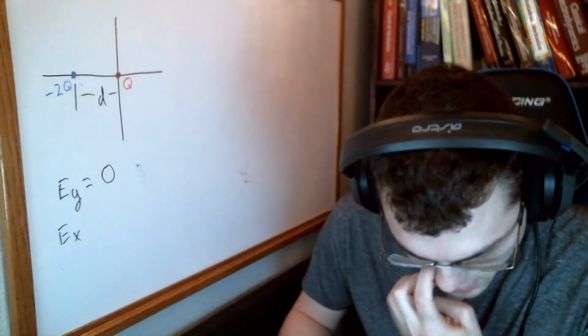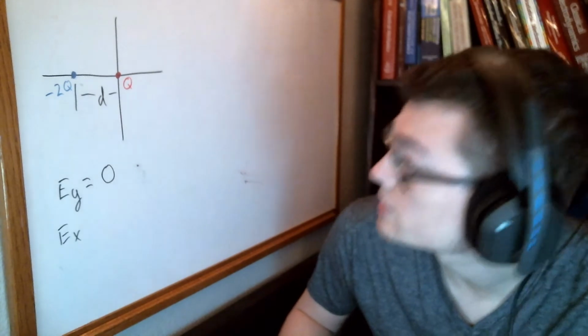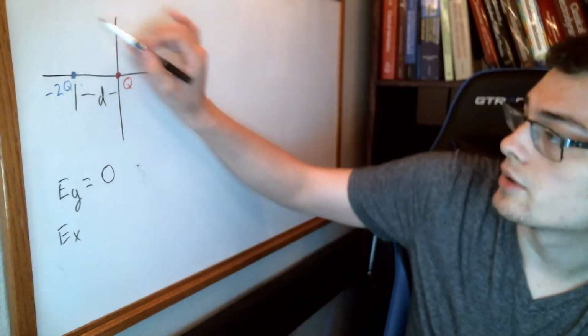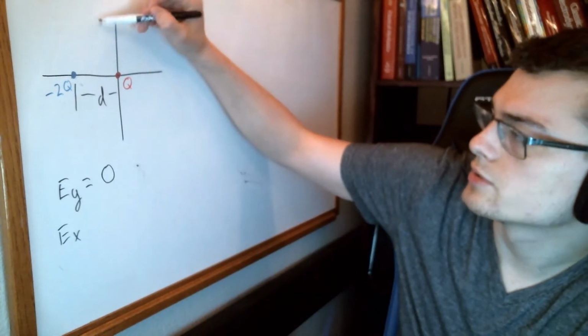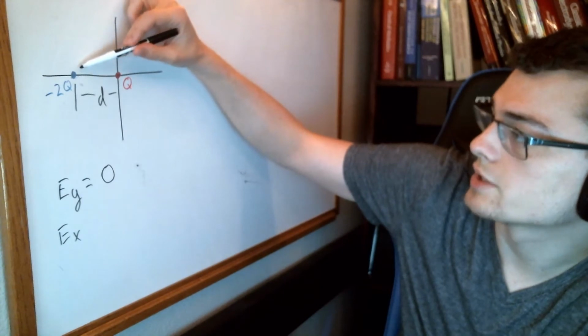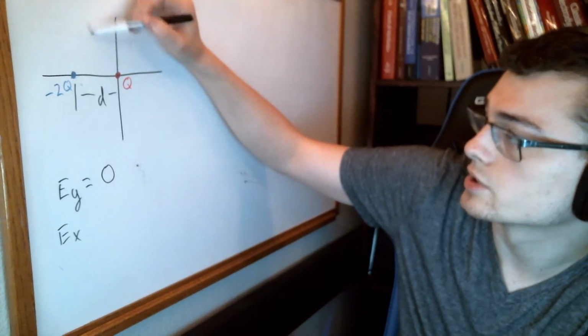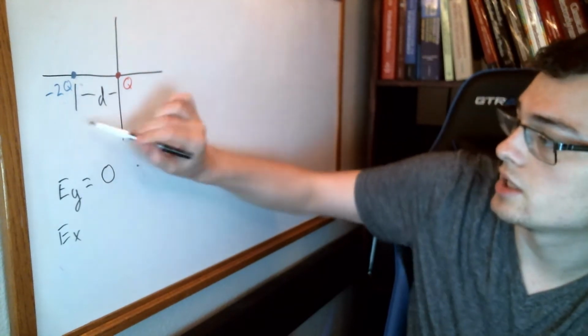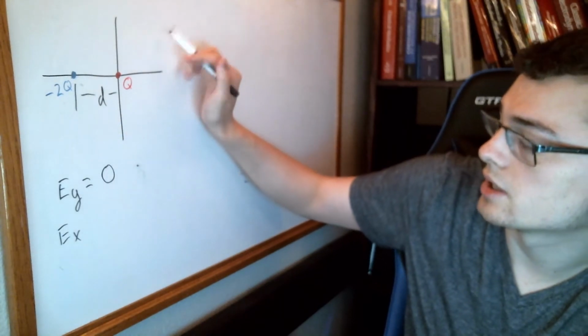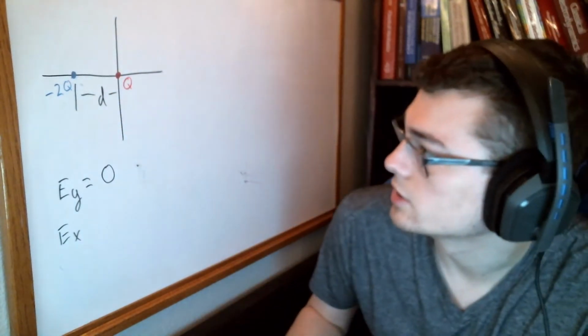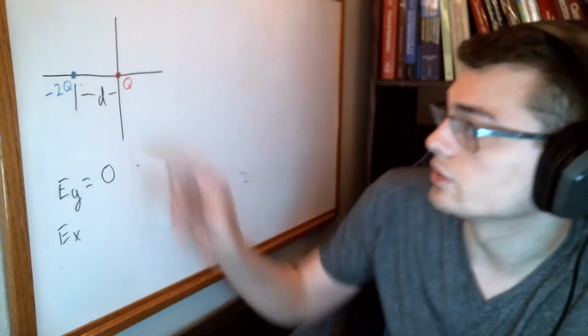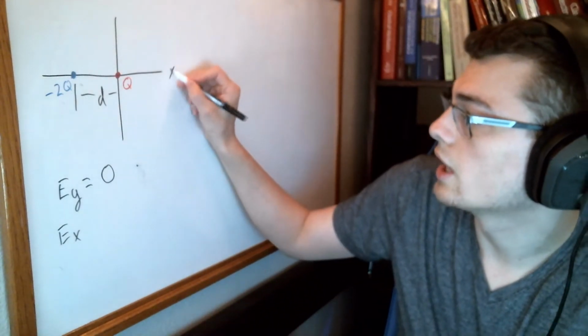Because there will be other points out here. Actually, no, there won't, because this will be pulling a unit test positive charge in, and this one would be pushing it out. So there's not going to be any points out here that are going to be exactly 0. It'll only lie on the x-axis here.